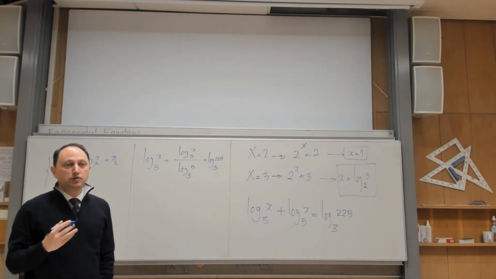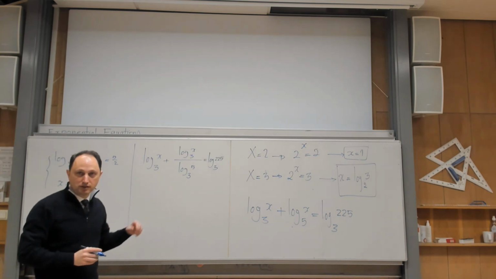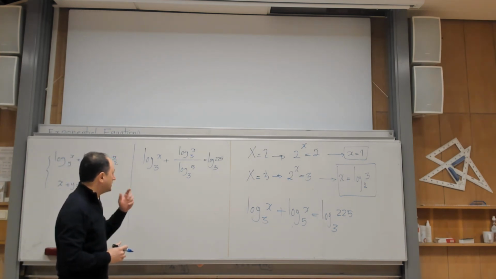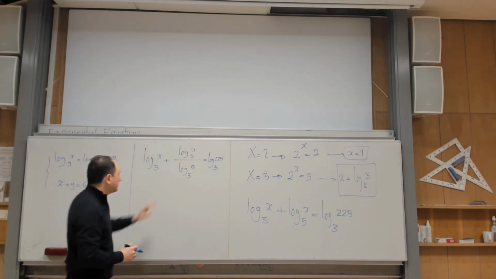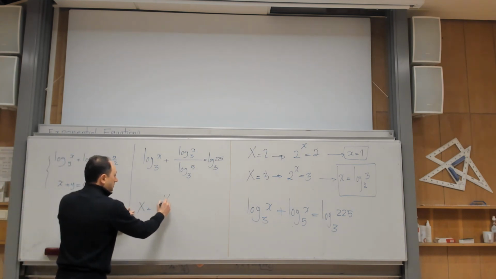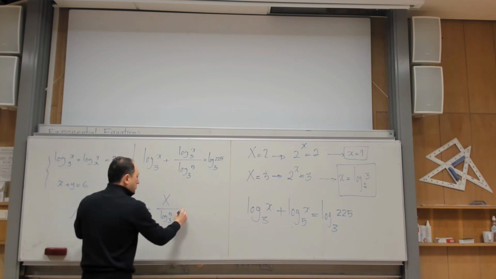You get distracted, you need to teach this part to yourself. That is the hard part, you did it. But suddenly you get distracted. First of all, you see, this is an auxiliary variable. So just write it. Capital X plus capital X divided by this. I want to teach you something.